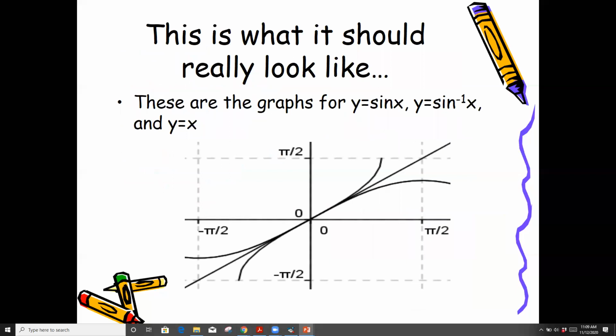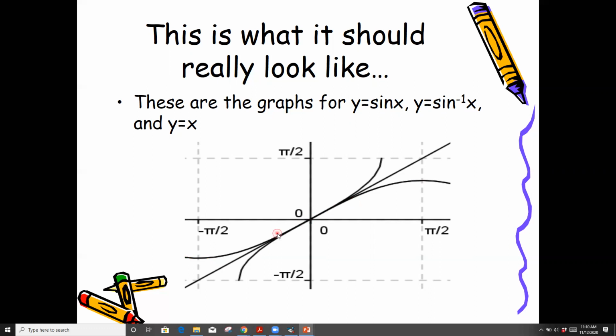All right, so this is what it should look like. These are the graphs of y equals the sine of x and y equals negative the sine of x. It's kind of weird. This one here is the one for, I'll spotlight it. It's not a spotlight. Sorry, I'm learning this. Here we go.